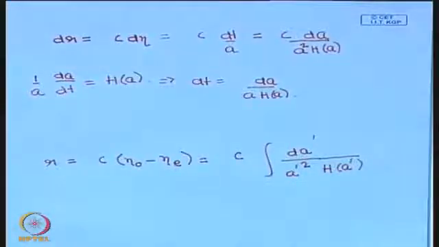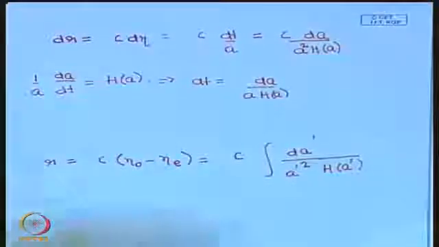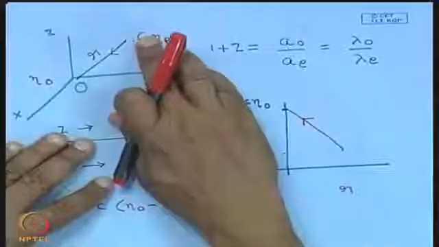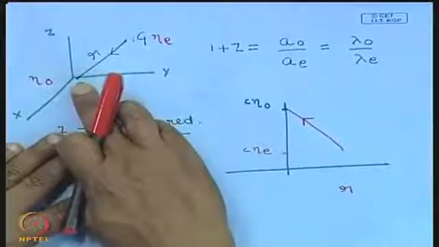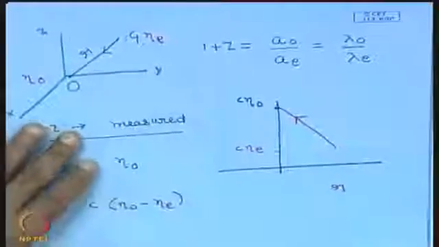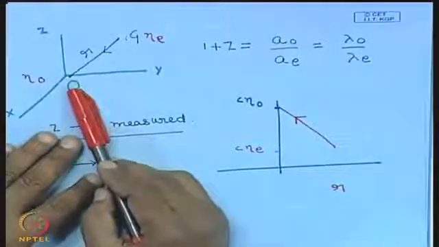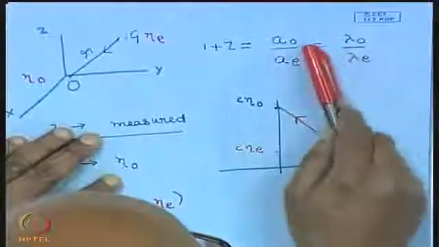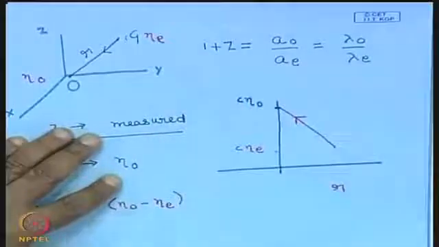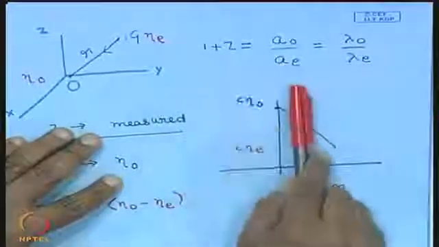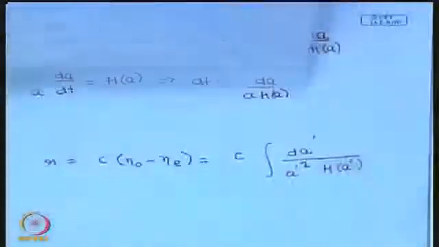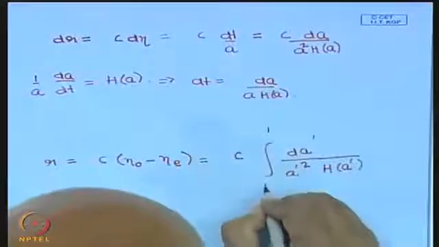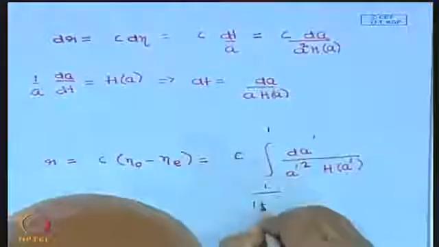The limits are the value of the scale factor when the light was emitted and the value of the scale factor when the light is observed. We will assume that the observer is at present, when the scale factor is 1, so a naught is 1. And a emitted is 1 by 1 plus z. So the limits of this integral are 1 by 1 plus z and 1.